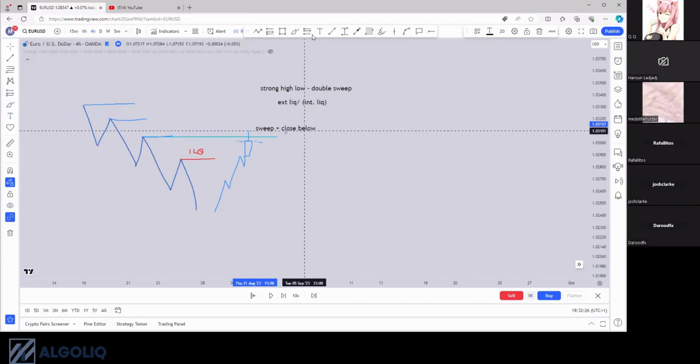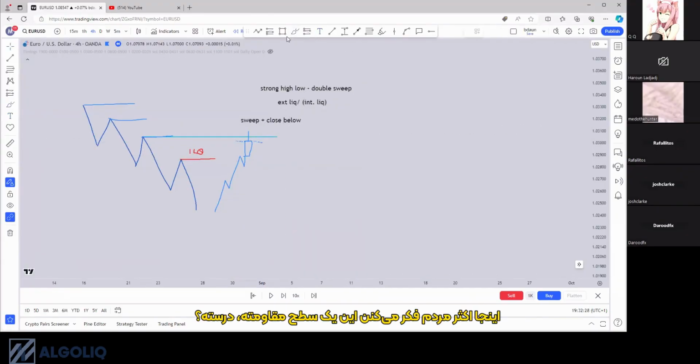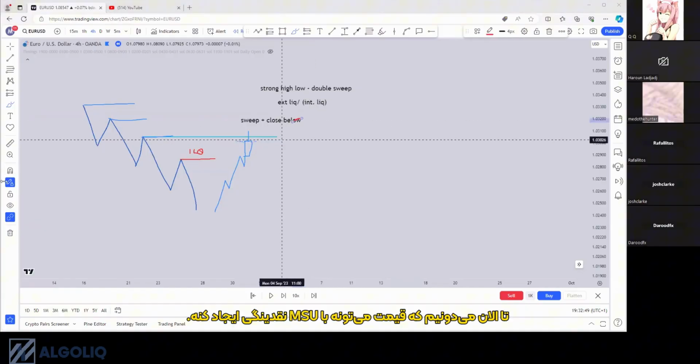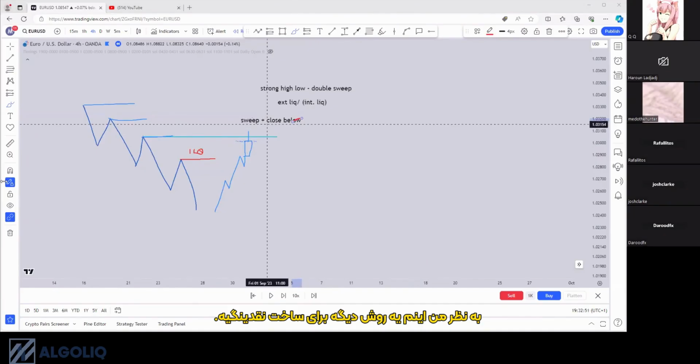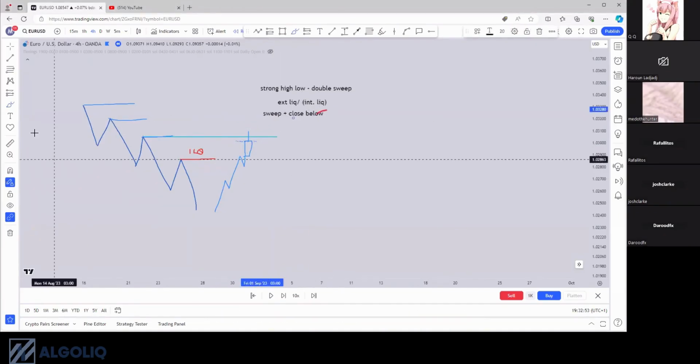What people would see is some resistance level, right, for a sell. They see a rejection and they start selling. And the reason this happens is because everyone that's sold here will be taken out again, because we don't have enough liquidity for the reversal, right? We know for now that price can create liquidity with MSU. This is another way to create liquidity, in my opinion.